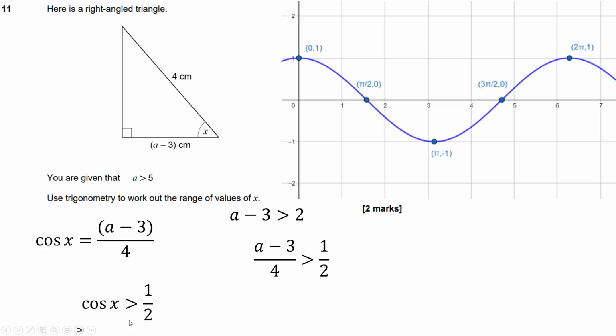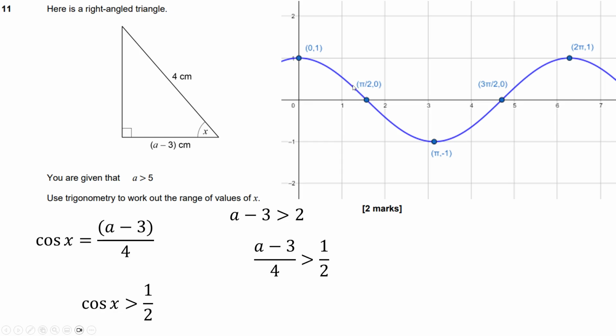So a half is around here. We'll go across, and we'll get to 60 degrees here. Forget about the pi over 2s. These are radians, but you can just imagine it as 90 degrees, 180, 270, and 360. So we'll have 60 degrees at a half.